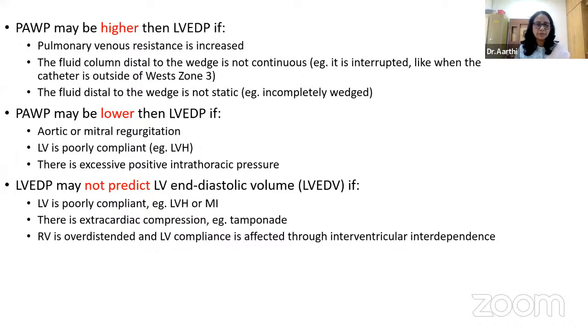Also, for example, in patients with cardiac tamponade, and where an over-distended RV compresses the LV, causing an increase in the left ventricular end diastolic pressure, which might not reflect the left ventricular end diastolic volume and hence our cardiac output.